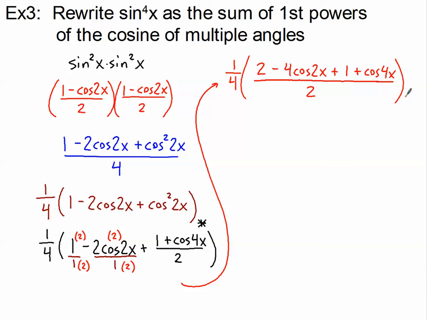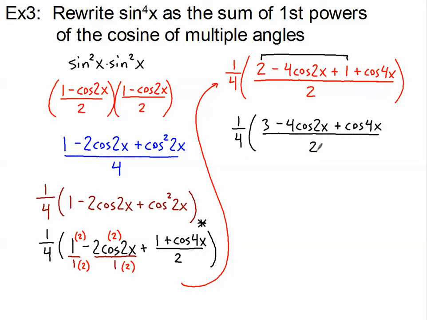Okay, looking good so far. We just have 2 more steps. I do see a 2 and a 1 that can be combined together to make 3. Nothing else is changing except the 2 and the 1 making a 3.